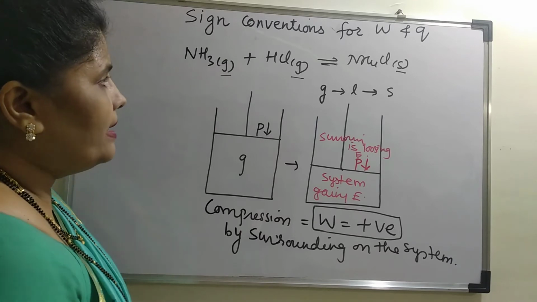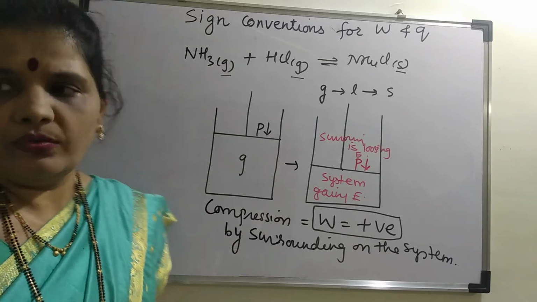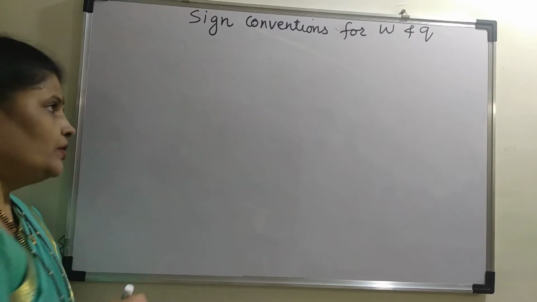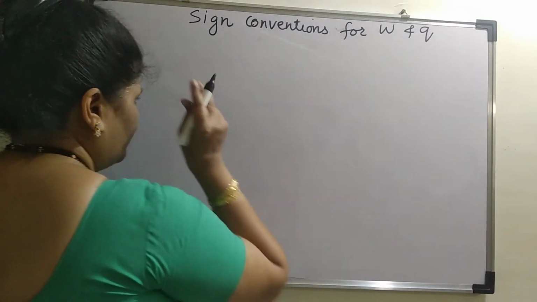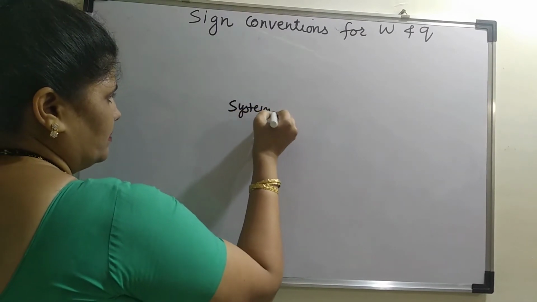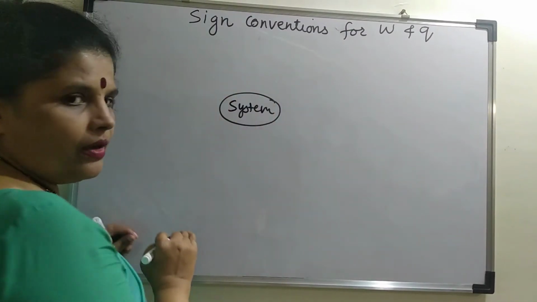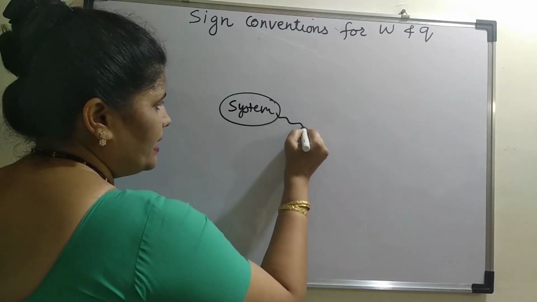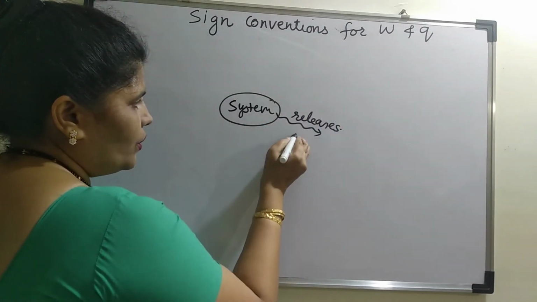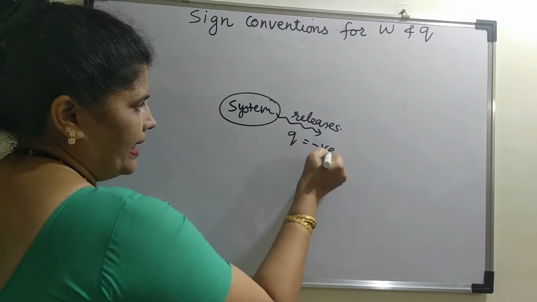Let us see the sign conventions for heat now. Now if I say that this is a system where the reaction is carried out, and if the system releases energy, then Q here will be negative.